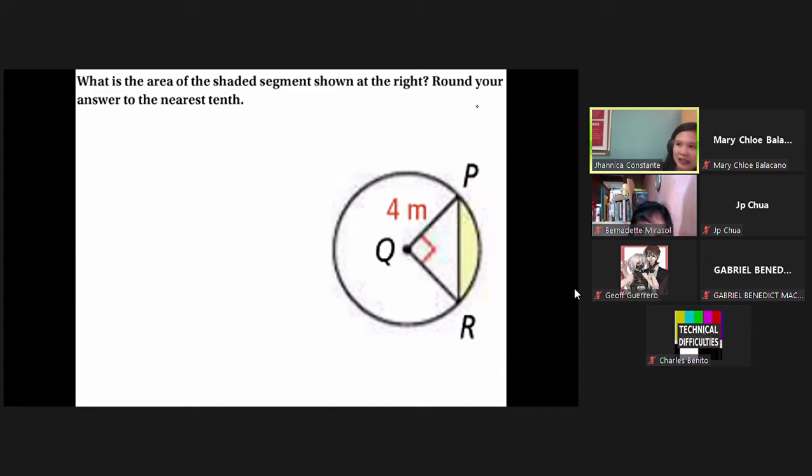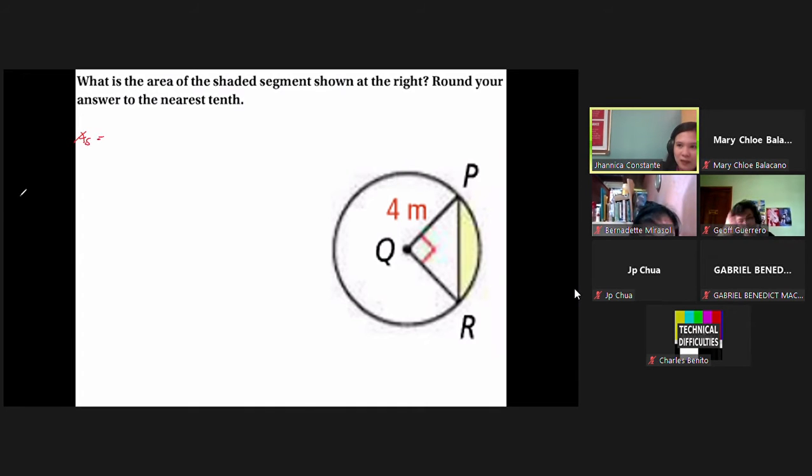So given the circle on the screen, the formula for the area of the segment is equal to r squared times the angle divided by 2, minus the area of a triangle, which is base times height divided by 2. That is the formula for the area of a segment.